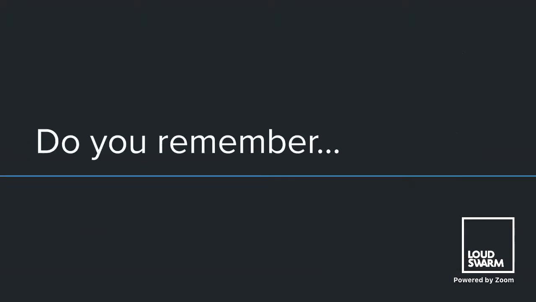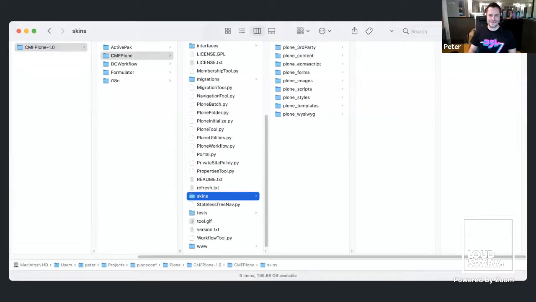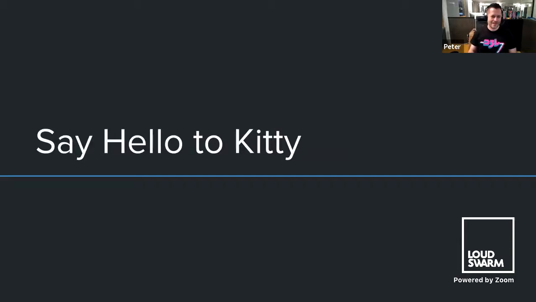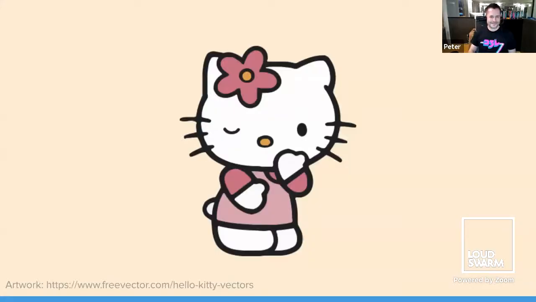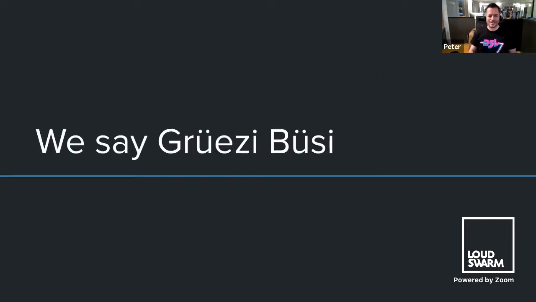Yes, that's great. Okay, my bad. So in Plone 1, we had a theme, a kind of style sheet, that was called Kitty. Say hello to Kitty. Presenting from Switzerland, we say Grüezi Büsi.